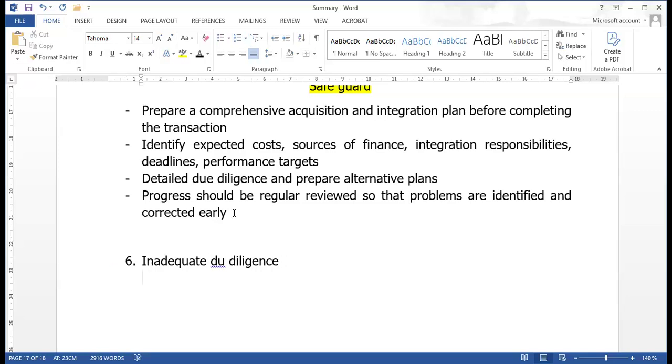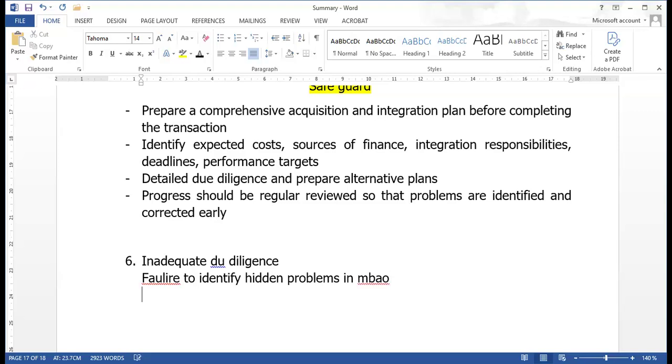Failure to identify hidden problems in the other entity can cause problems. Such issues would be unpaid taxes, unpaid employee claims, unprofitable contracts, damaged assets, overstated revenue, overstated assets. All those can really cause problems.